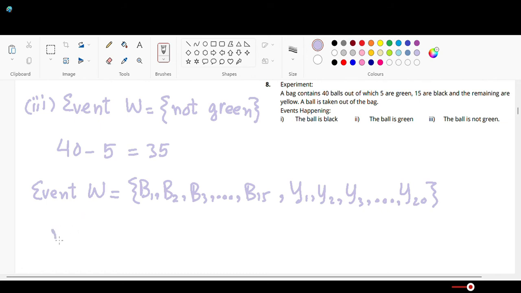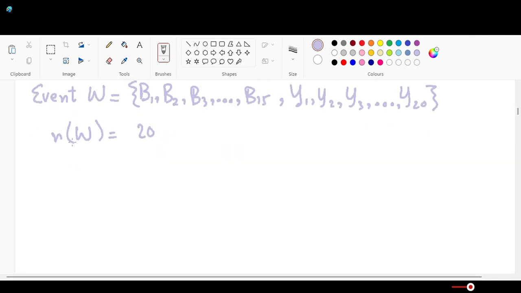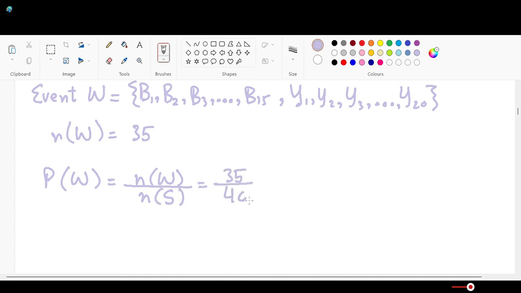So the number of elements in event W is, oh wait, 35, sorry, my bad. It's clearly 35. Probability of W will be equal to the number of elements in W divided by the number of elements in the sample space, which is 35 over 40.